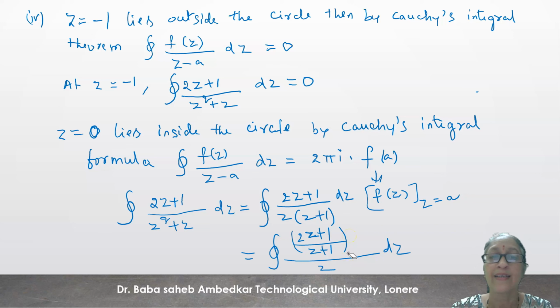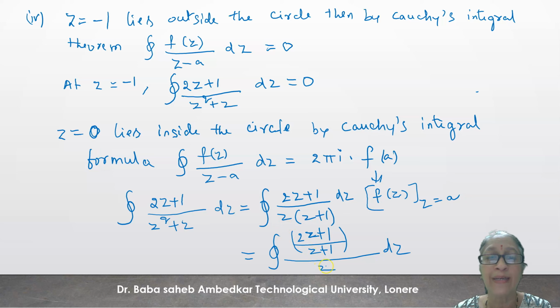Okay, understood this? Here, see, first we have written factors of z square plus z. After writing these factors, whatever the pole we are finding the integral for, the pole z equal to 0, right? So the term z minus a, if you find this integral for the pole z equal to a, then z equal to a should be in the denominator. So here we are finding for z equal to 0.